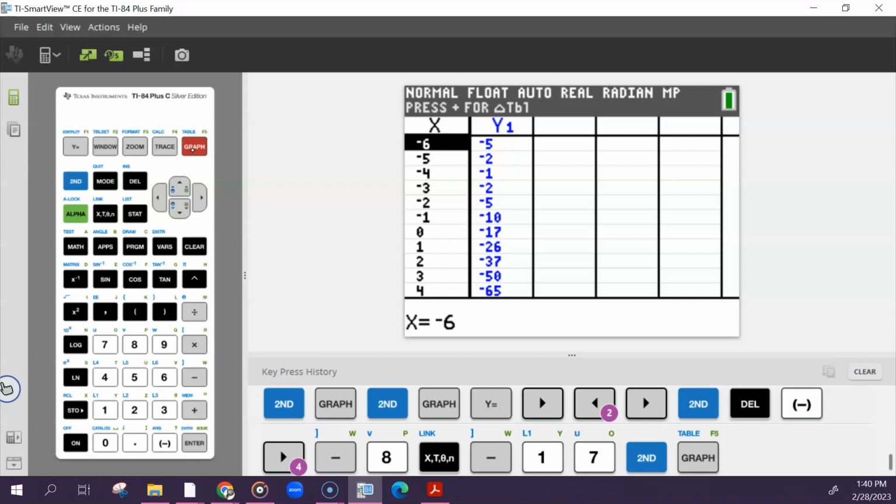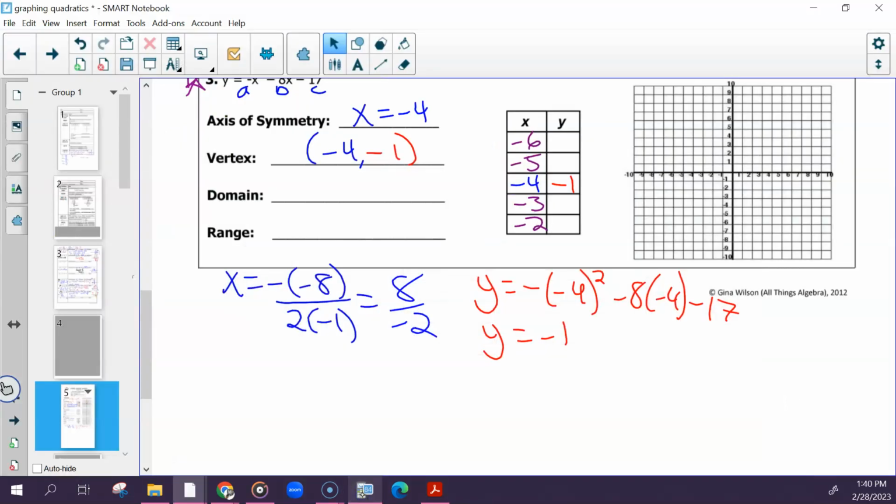Then your values would be -5, -2, and then it would repeat. And then you can graph those 5 points.